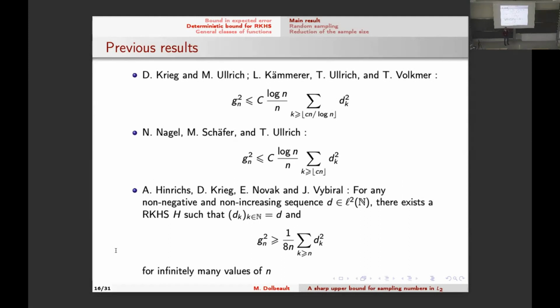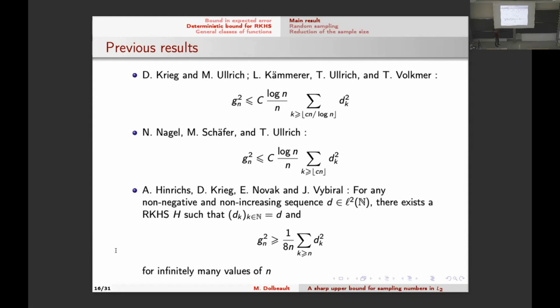I'm saying if the Kolmogorov weights are decaying fast enough, then the sampling numbers g_n are too. And there have been some improvements, first to remove some logarithmic factors, which reminds you of what happened just before.